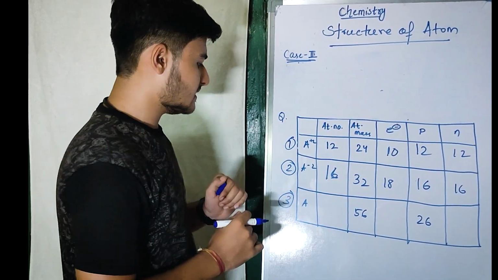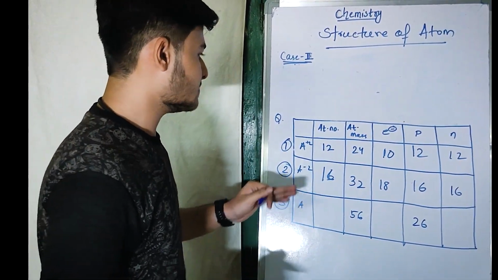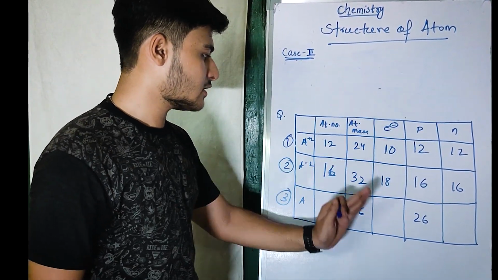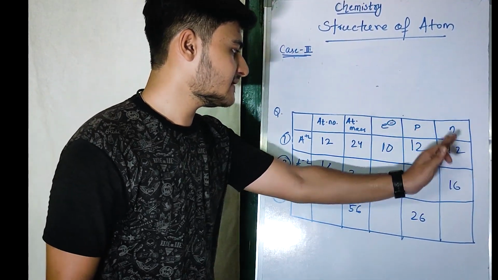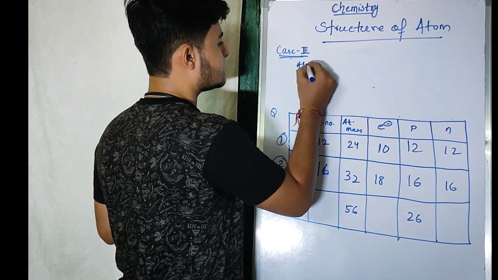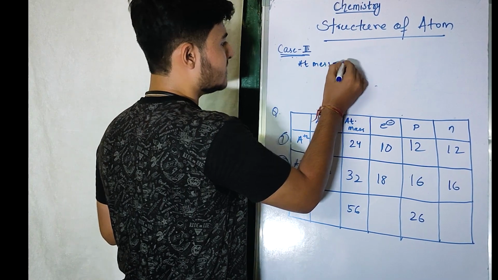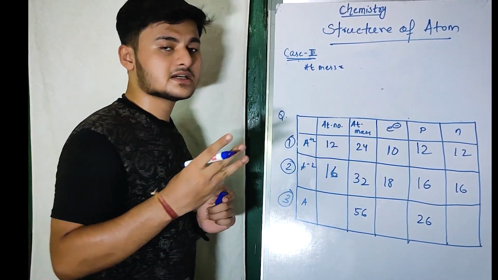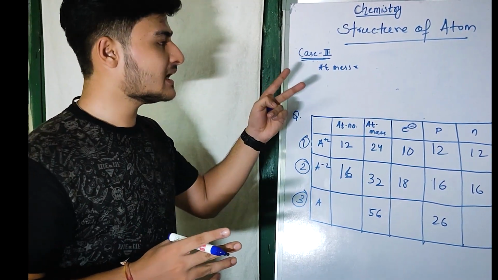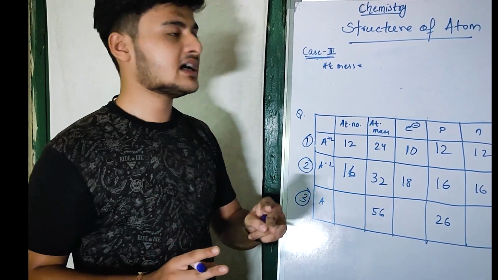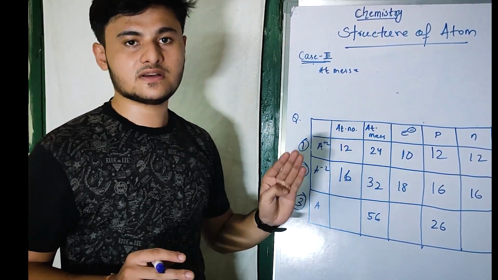Case 3. It seems a little bit clumsy, but it is a neutral atom. Atomic number not given, atomic mass given, electron not given, proton given, and neutron not given. So we first use the formula atomic mass is equal to number of protons plus number of neutrons. We are just revolving around the same formula. If we remember these two formulas, and the third one for the neutral atom, we can solve any type of question related to it.